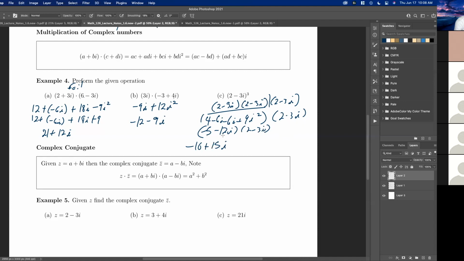Negative 12 times 2 would be minus 24i. And then negative 12 times negative 3 would be plus 36i squared. So if I simplify that, this becomes negative 36 plus the negative 10 becomes minus 46. And then negative 24 plus 15 gives me minus 9i.